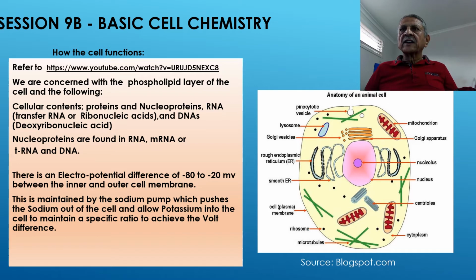Then you have the endoplasmic reticulum, the two types, the vesicles, Golgi vesicles, very similar to the Golgi apparatus, the lysosome, and finally the pinocytotic vesicle. That's through which a lot of food and other components may enter the cell.